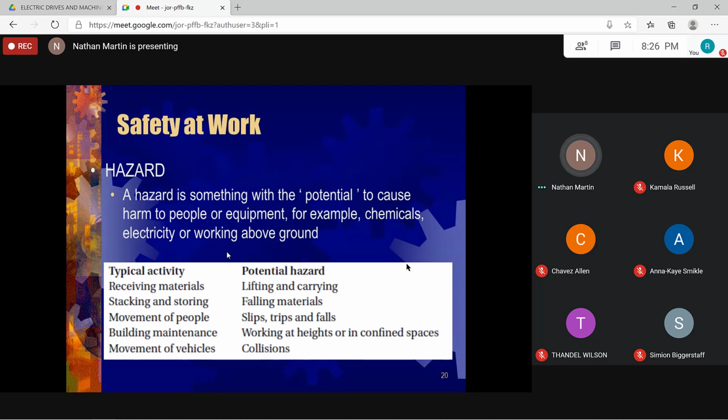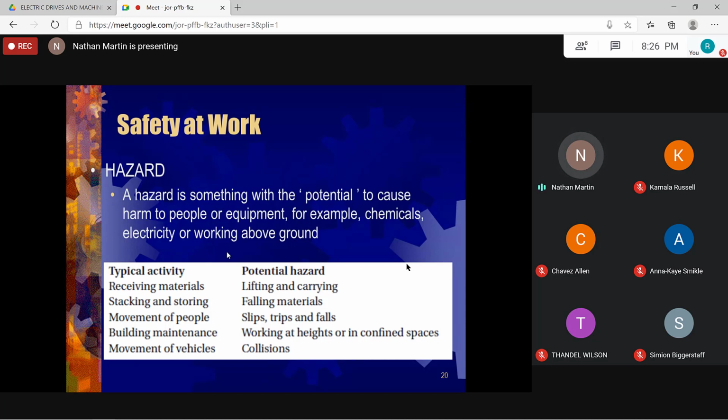Good? Carrying equipment, don't carry anything in front of you that will obstruct your view. Boxes that are stacked, once they obstruct your view, that's a hazard in itself. You're unable to see.